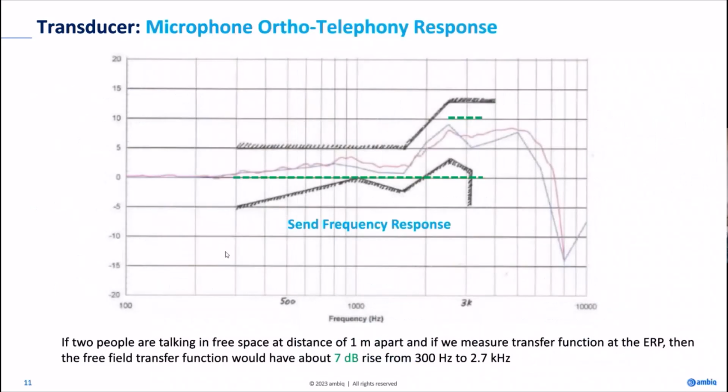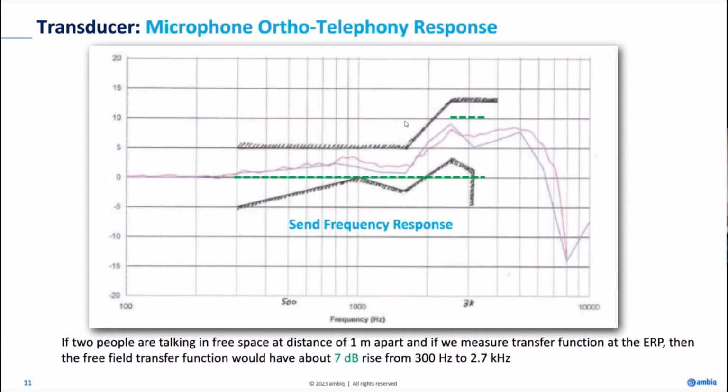Here is a frequency mask for a typical microphone. This is the lower frequency mask, and this is the higher frequency mask. And this is an actual measured curve. There is an important response usually known as the orthotelephonic response, and it is defined as follows. If two people are sitting and talking in free space, 1 meter apart, and we measure a transfer function at the ARP, the ear reference point.